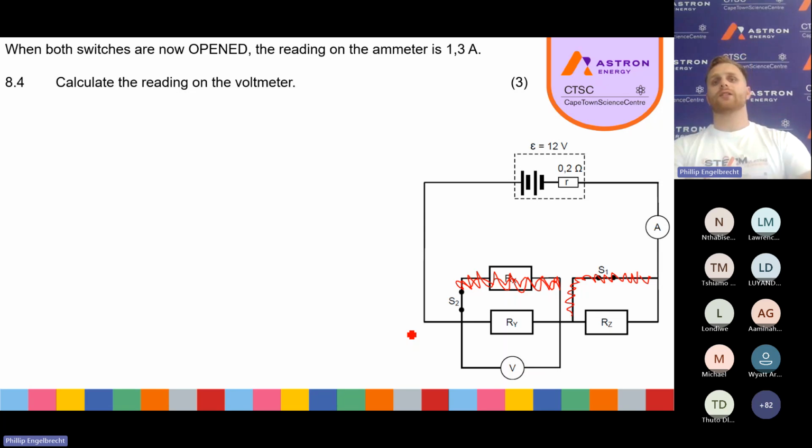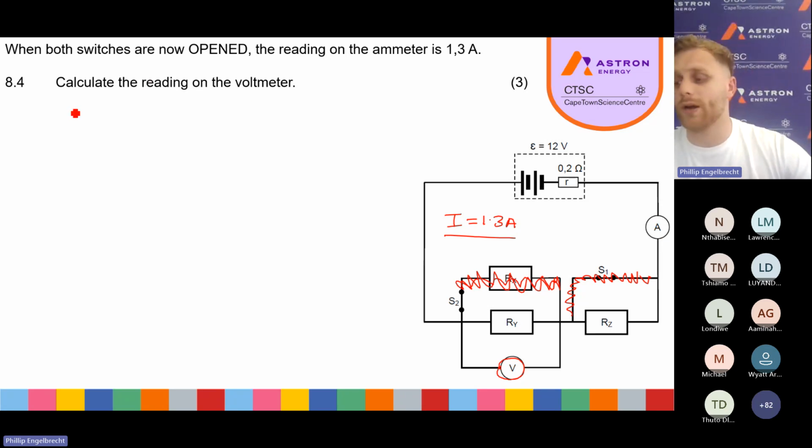Now they ask, calculate the reading on our voltmeter over here. They also said the new current is 1.3 amps. So I is equal to 1.3 amps. Now we need to figure out, sorry, what is the new voltage going through V?